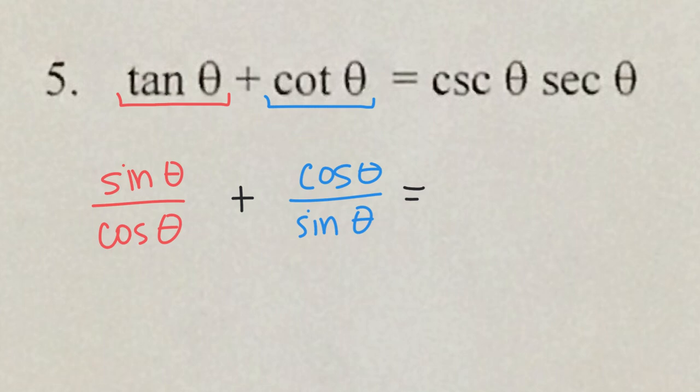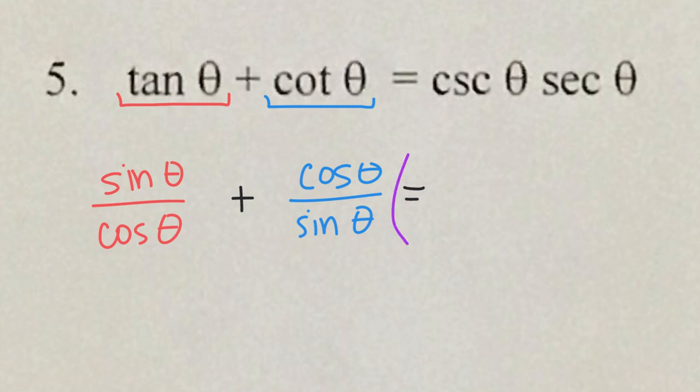So our tangent is sine over cosine, and our cotangent is cosine over sine. Now here, we've run into our 5th grade algebra problem. We have a fraction plus a fraction. What must be true if I want to add two fractions together? They have to have the same denominator.